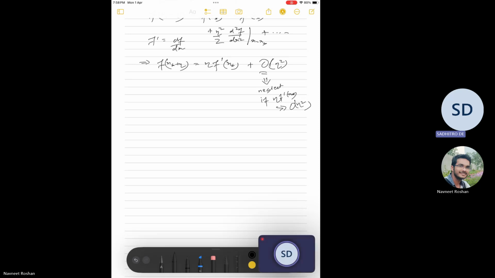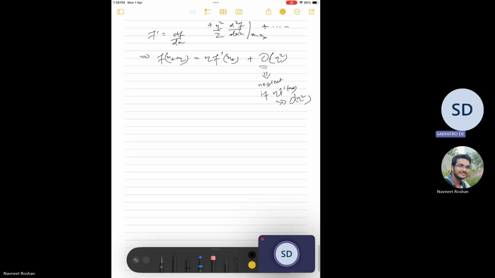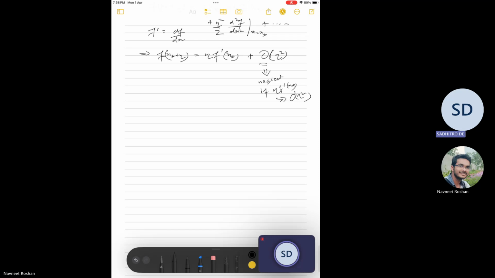When this happens, we can neglect this term. And so to a first approximation, let us suppose that this actually happens. Then basically we have f of x star plus eta is equal to eta f dashed at x star.